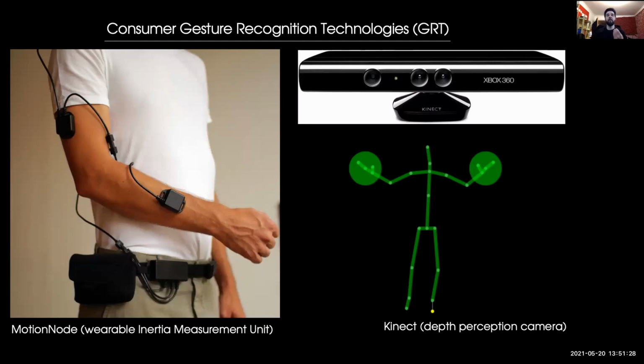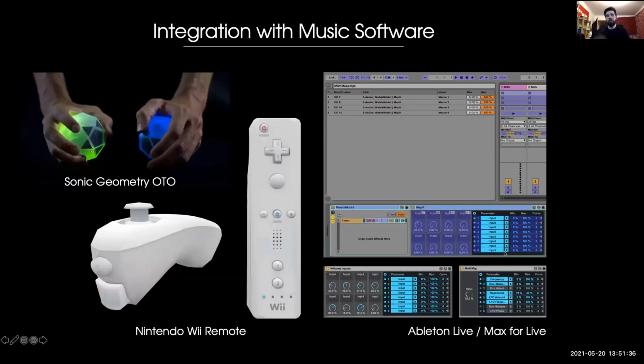And it can be either worn systems, or wearables as they're called, or camera-based systems that create a sort of skeleton of the body. And of course, many have gone to integrate gaming controllers, particularly wireless ones, with off-the-shelf software.